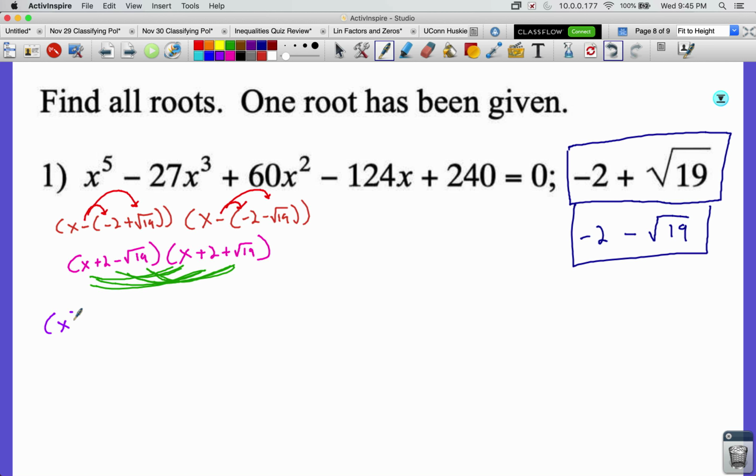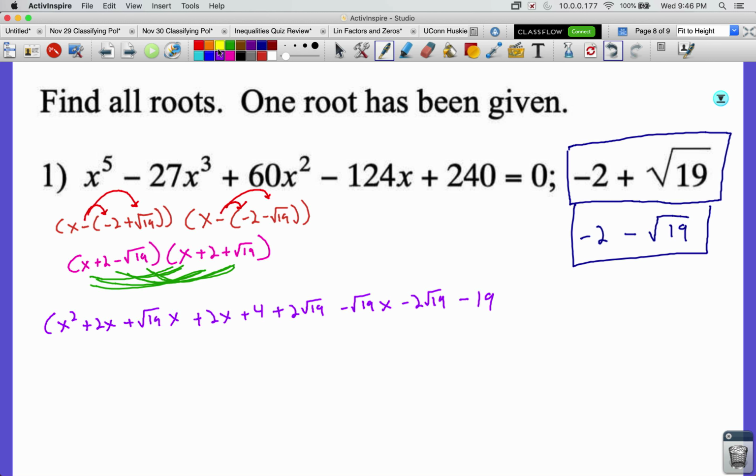So I get an x squared plus 2x plus root 19x plus 2x plus 4 plus 2 root 19 minus root 19x, always putting the x at the end when you multiply a number in x, minus 2 root 19, and then negative root 19 times positive root 19 is the same as negative root 19 squared, and the square roots cancel out, so it's just a minus 19.